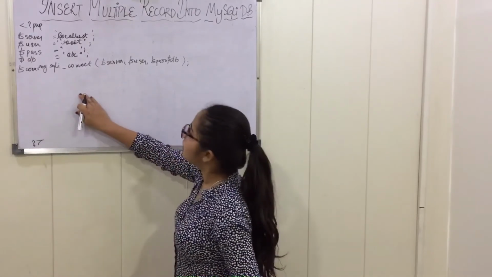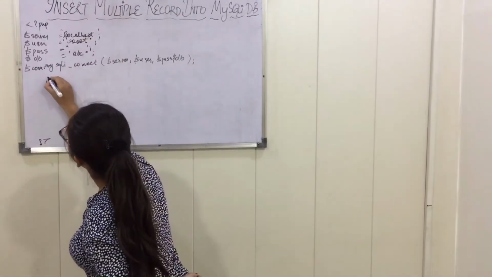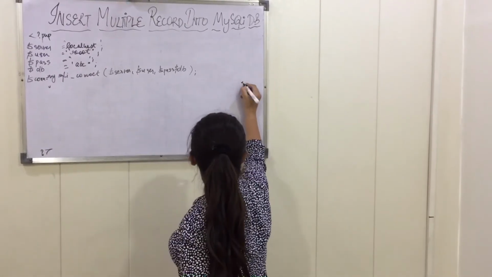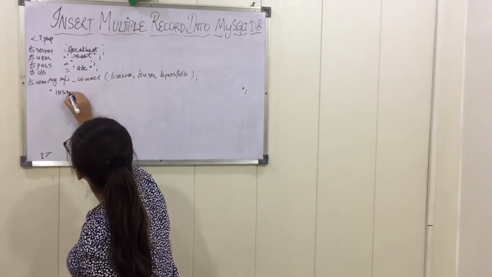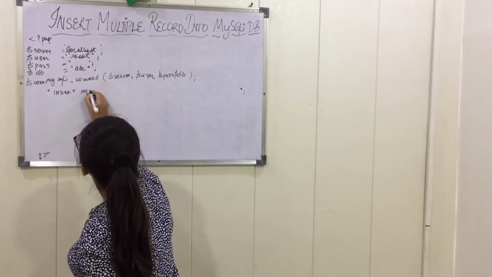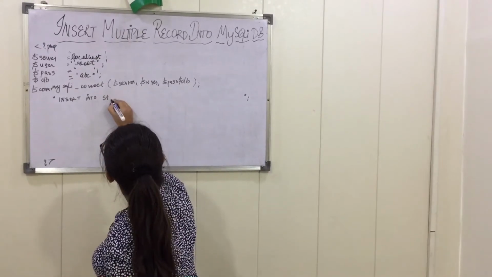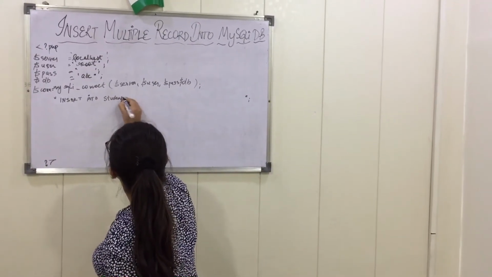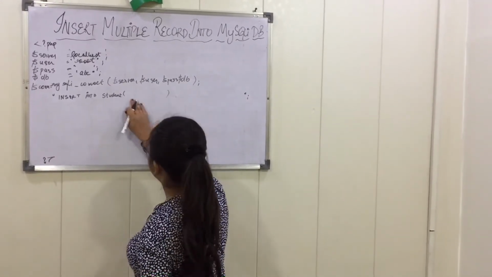After that, we'll write the query to insert multiple data. We'll write it in double quotes, start and close, and then a semicolon. We'll write here insert into, suppose my table name is student. After that, in round braces, we will write the column names.